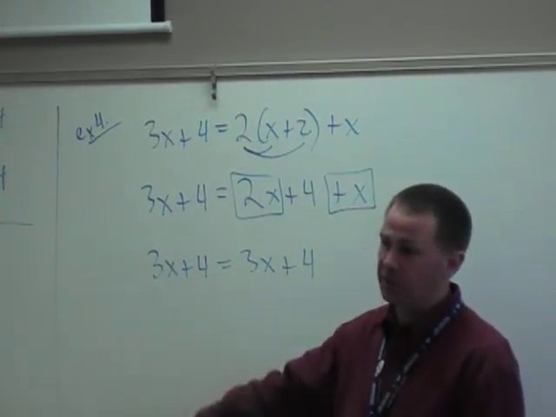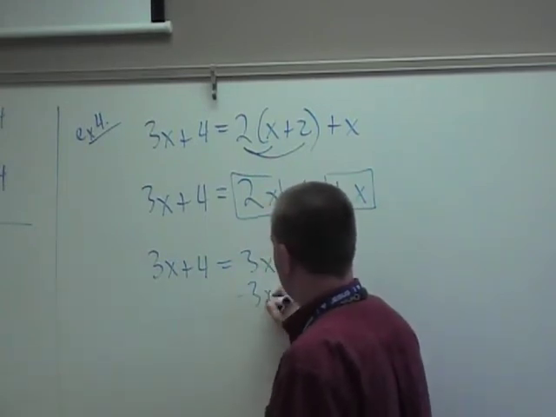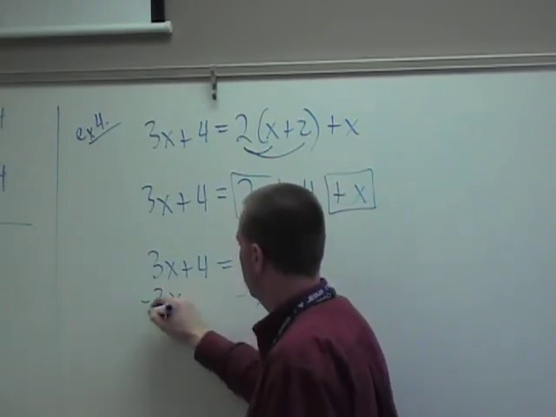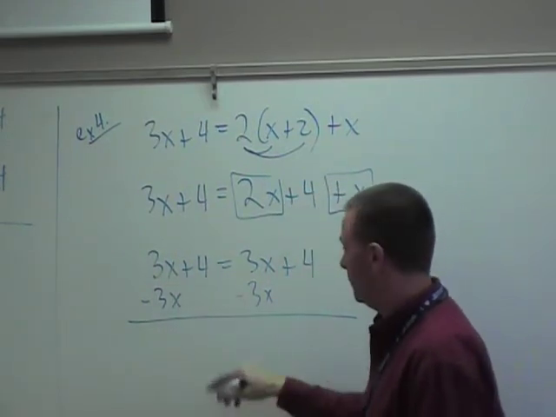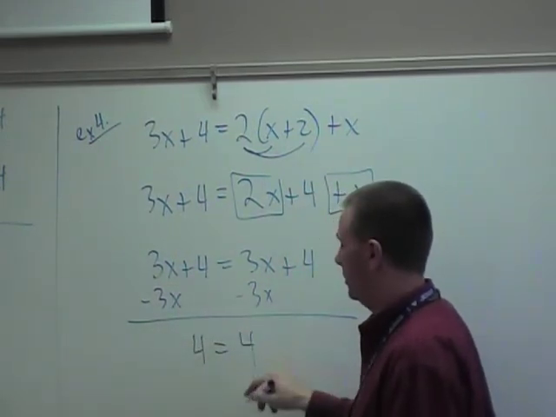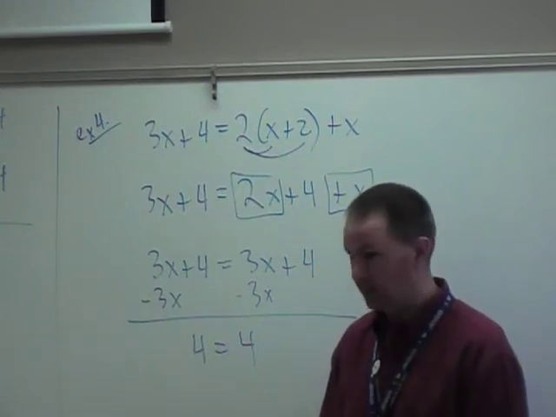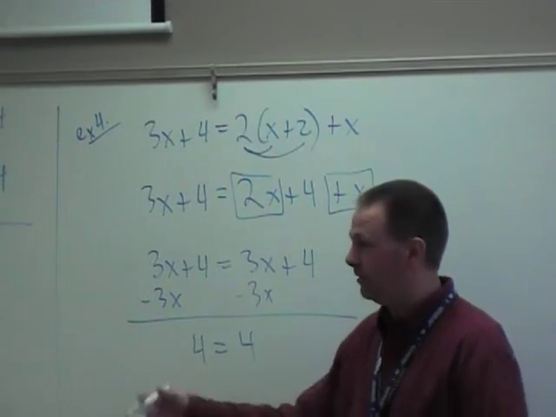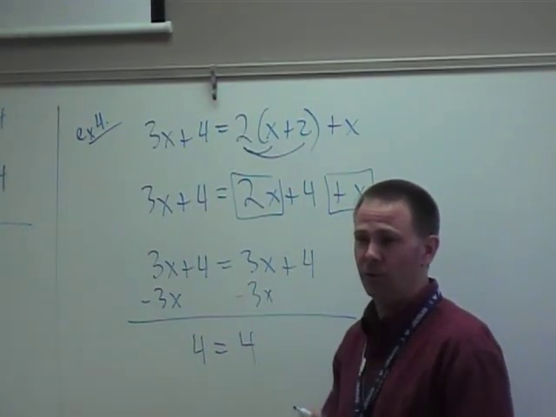Let's just follow our steps. We need to put all our x's on the same side. So I subtract 3x. The x's go away. I'm left with 4 equals 4. Does 4 equal 4? Yes, it does. Okay, great. We just showed what 4 equals.